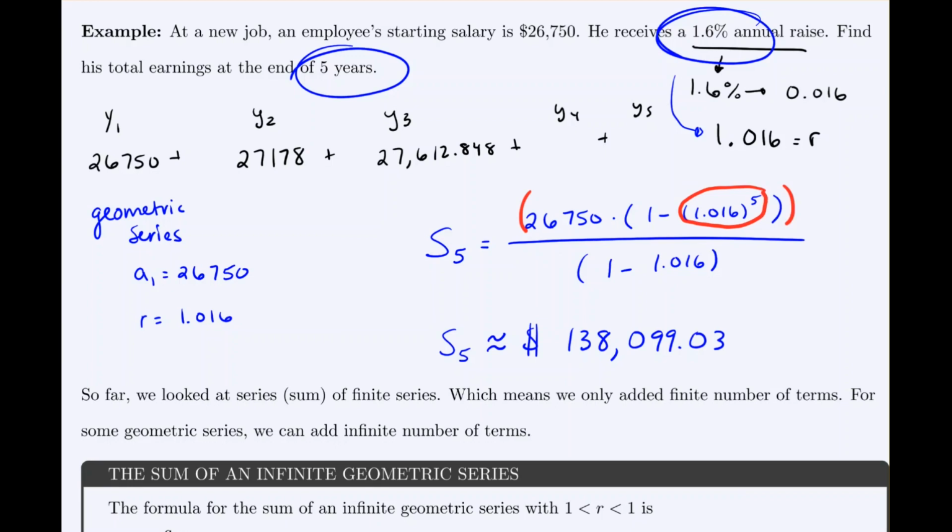So you'd want to type in parentheses 26750 times open parentheses 1 minus open parentheses 1.016 close parentheses to the fifth, close the parentheses that show this multiplier, and then close the parentheses for the fact that this is at the top, all divided by parentheses 1 minus 1.016 close parentheses. And if you type it in carefully, then your calculator should give you the correct answer.